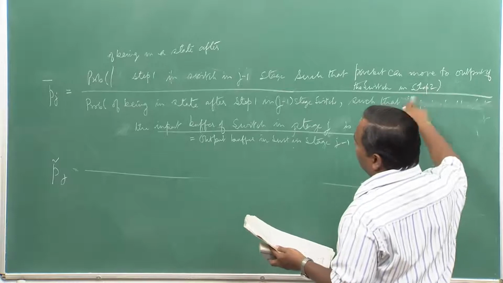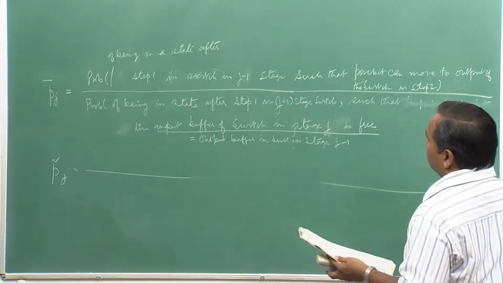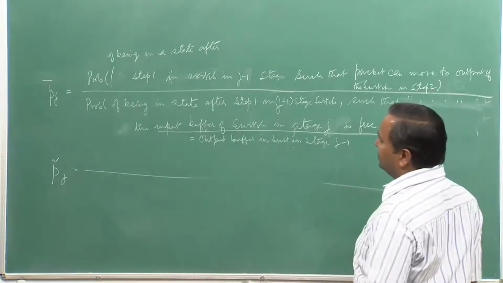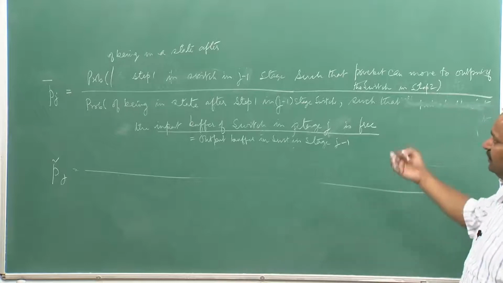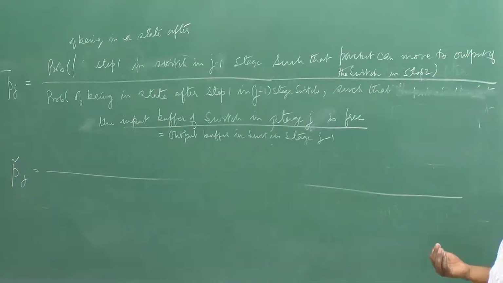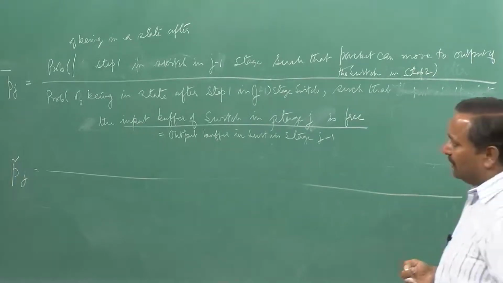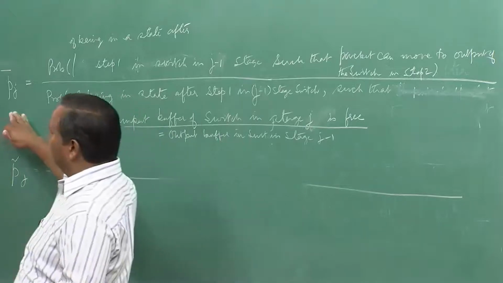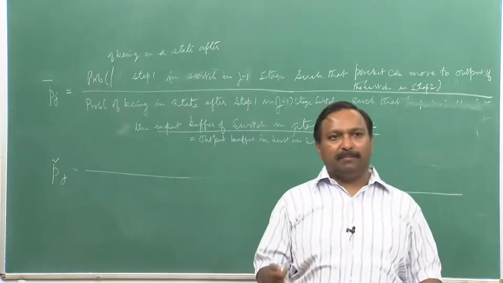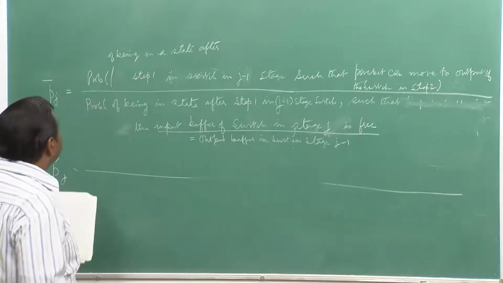Okay. So we have already finished step 2. In the j minus first stage step 1 is finished and this is what is going to happen. So when step 2 is going to be executed in the j minus first stage, the packet has to move to the input buffer. So we are now looking into the conditional probability of arrival, conditioned on the input buffer of the jth stage switch being empty. So let us look at how we will find out.